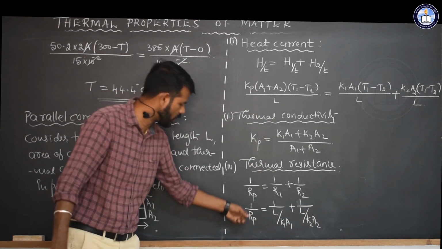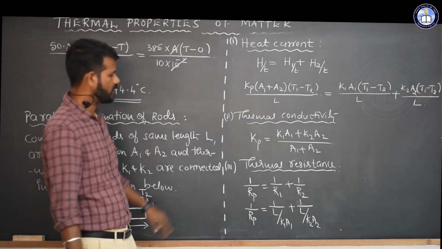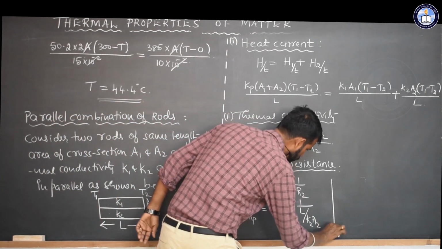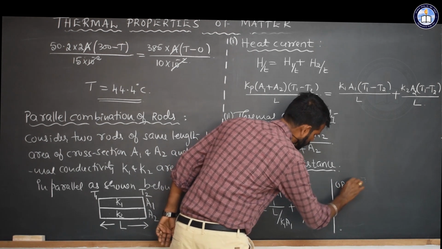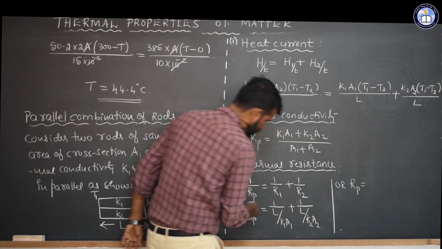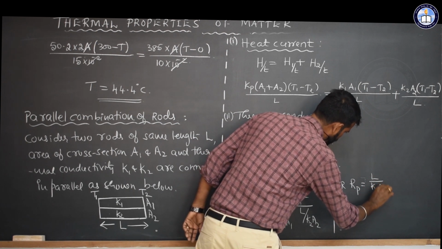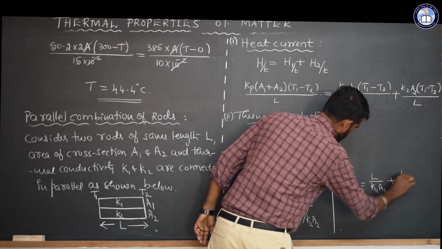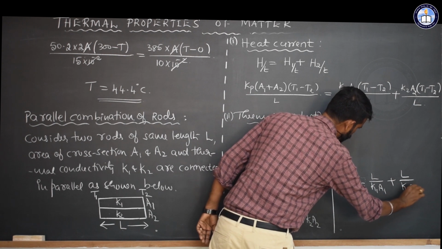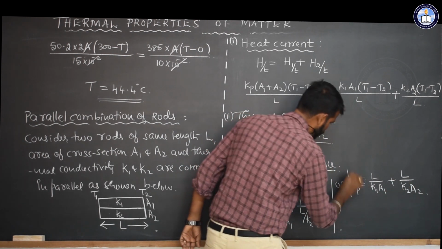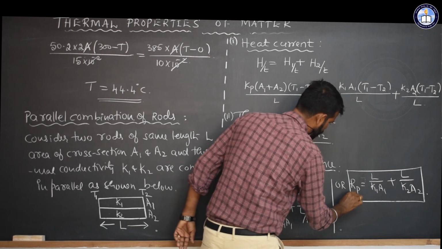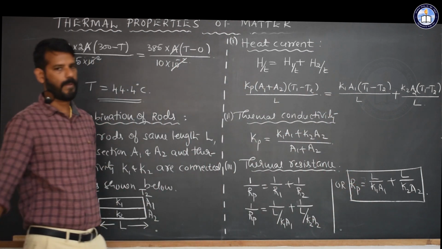This will give us 1 by RP. Or in other words, RP is equal to L by K1A1 plus L by K2A2. So this is the final formula for RP, that is resistance in parallel combination.